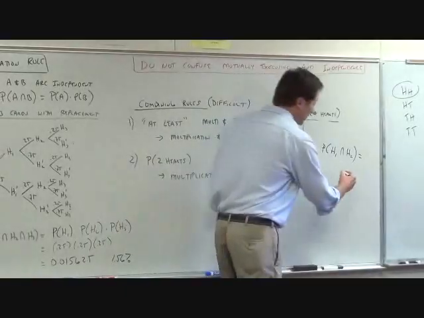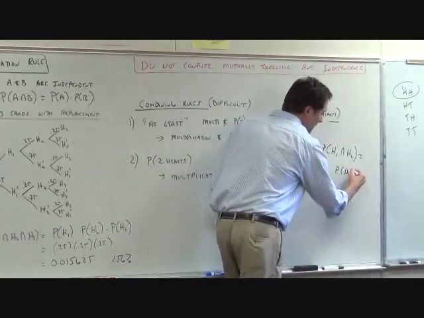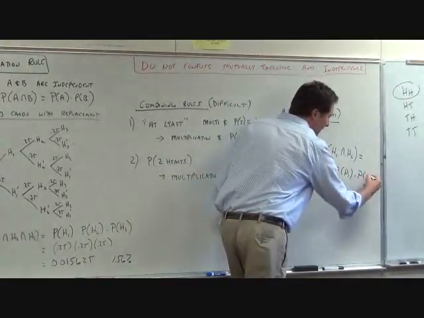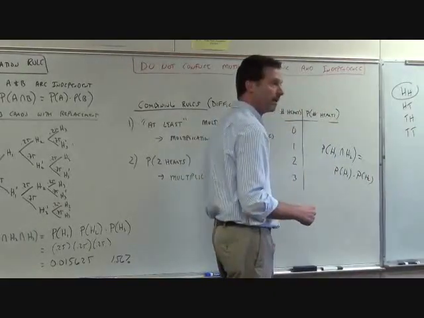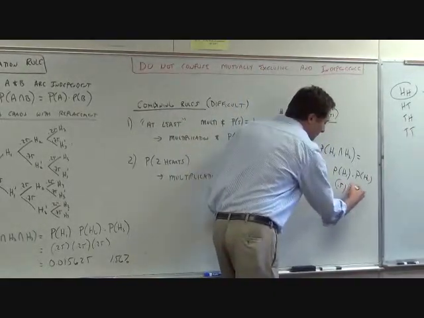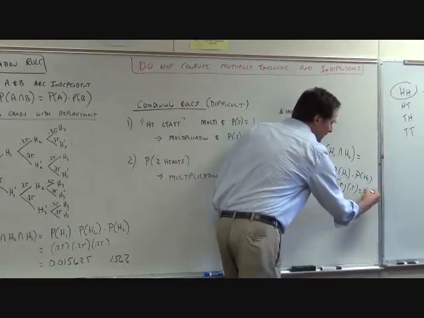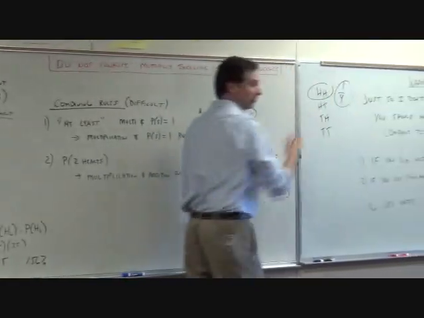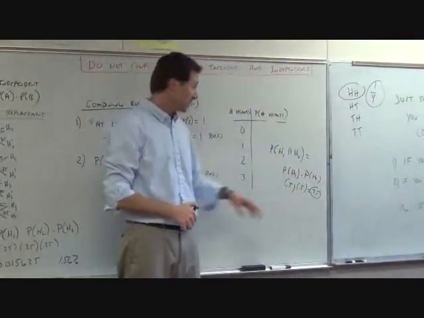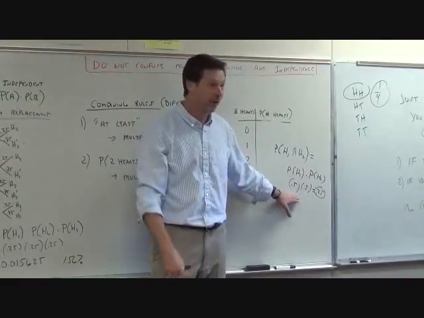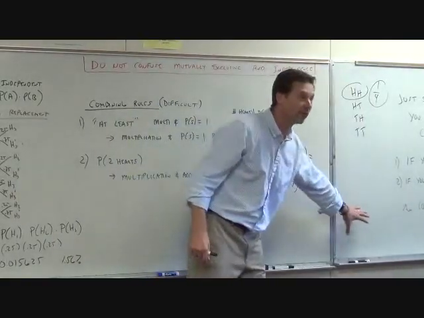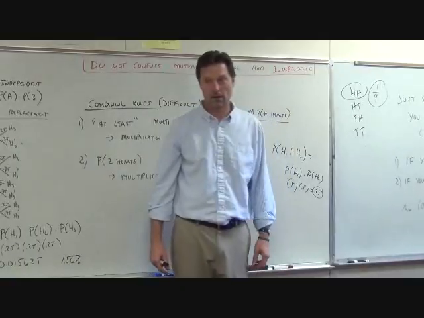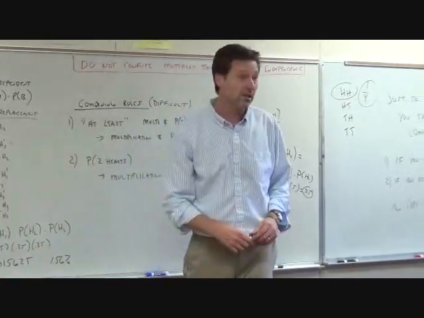Since they're independent, that's the probability of getting heads on the first times the probability of getting heads on the second, which is 0.5 times 0.5, and we get the same exact answer. Obviously, this is a lot more convenient for flipping a coin 100 times rather than trying to figure out all those outcomes for 100 of them. So 2 different ways to get the same answer.